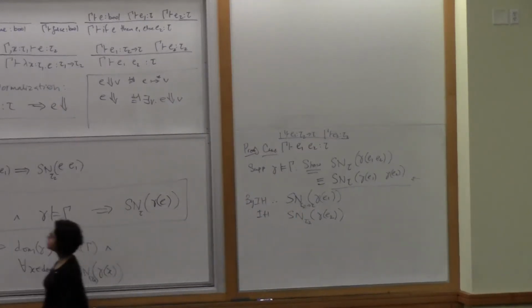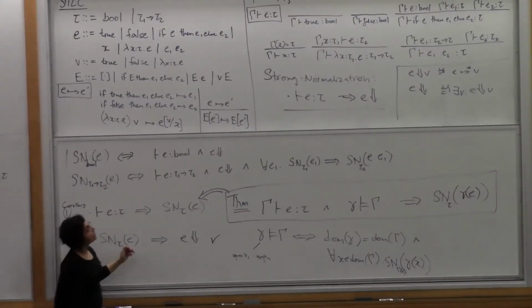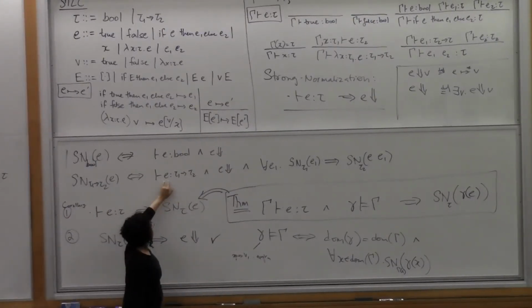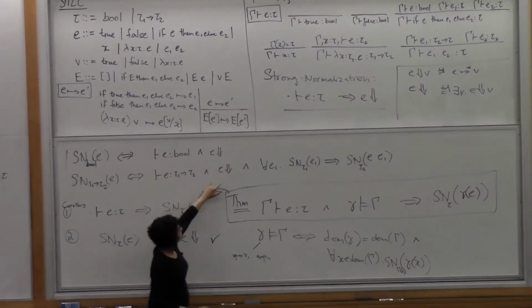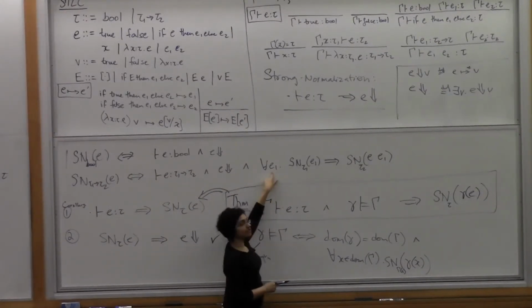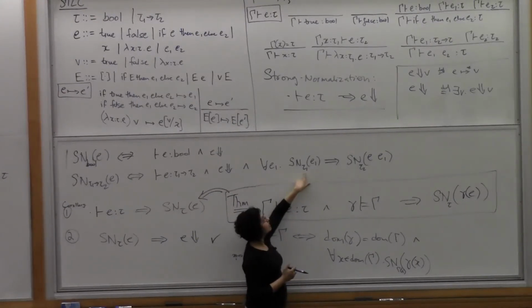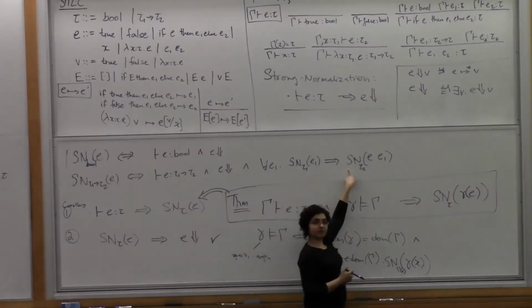Now, since we know that here's an expression that belongs to Sn at the type tau 2 arrow tau, let's go look at the definition. This is what you were suggesting, right? This definition says that the expression is well typed and that it terminates, but this is the bit that we're interested in. It says that given an arbitrary E1 of the argument type that belongs to Sn tau 1, this property must hold.